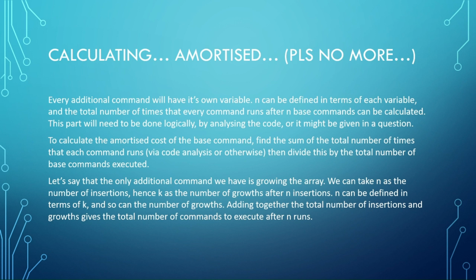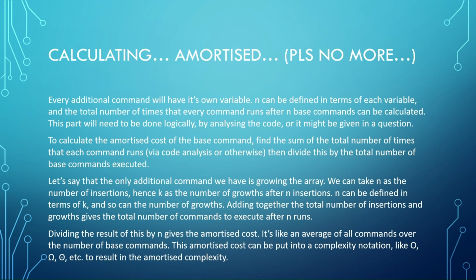Adding together the total number of insertions and the total number of growths gives the total number of commands to execute after n runs. And then, as it says in the second paragraph, we divide this by the total number of base commands.